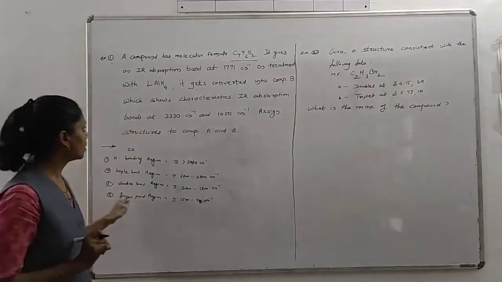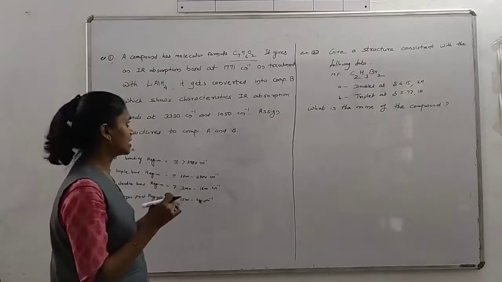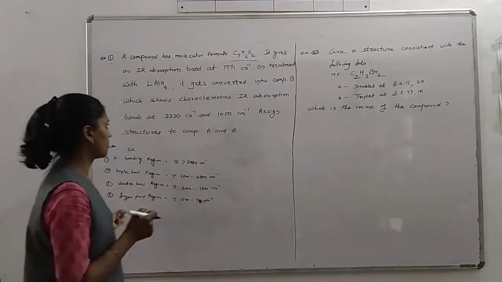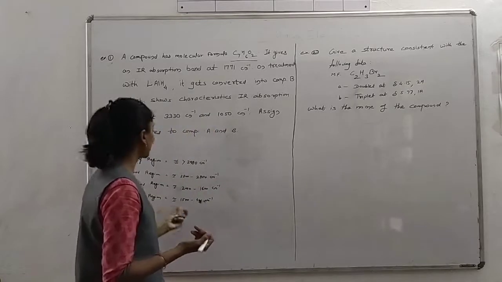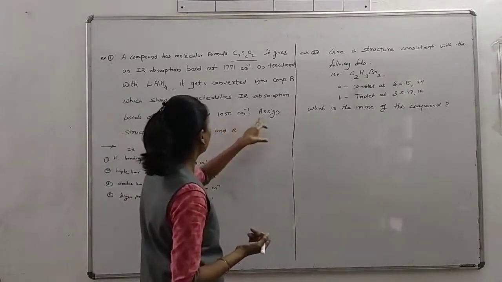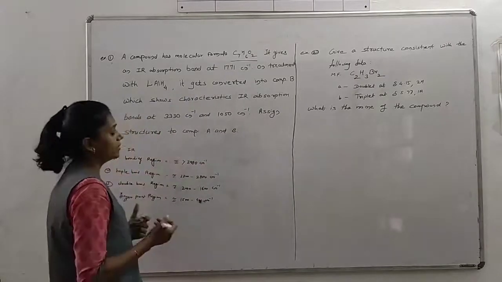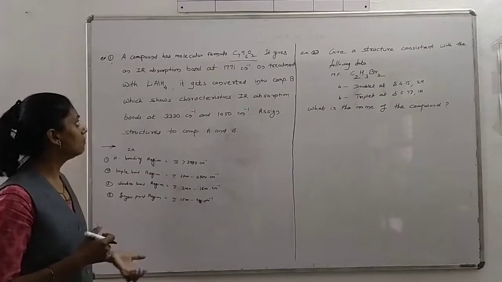This is again CH or OH stretching, but it is in the fingerprint region, so we do not take it as CH, we take it as OH. Now assign the structures for compounds A and B.